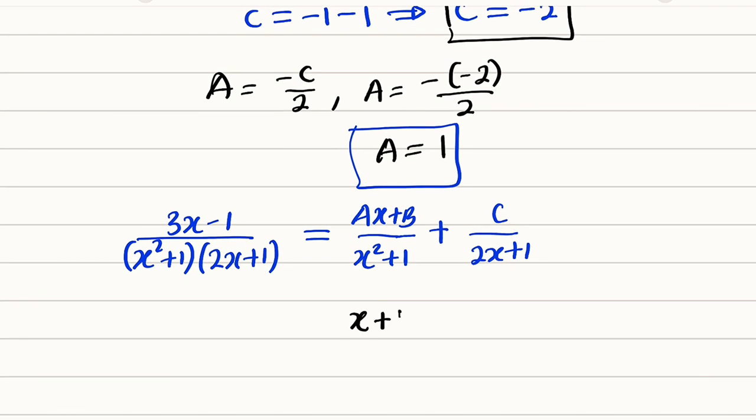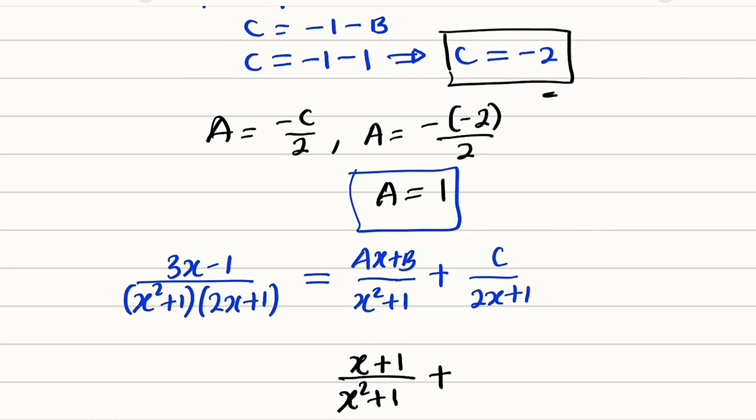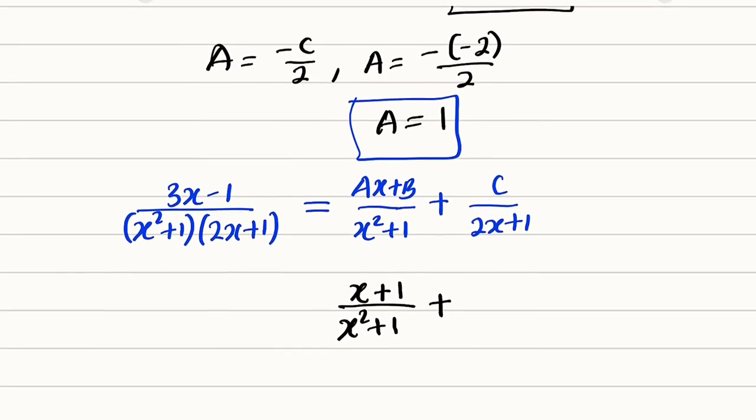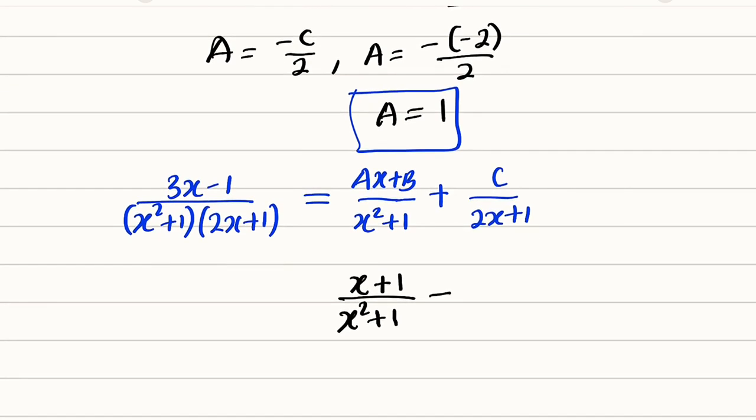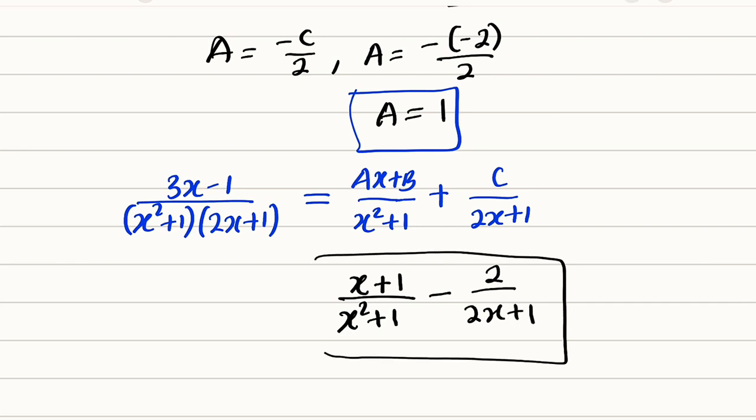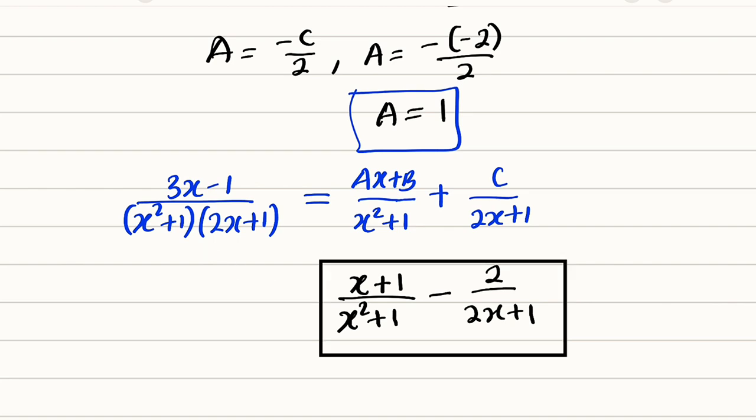So plus 1 divided by x squared plus 1. Then plus c is -2. You can see right here. So this is negative instead of positive. 2 divided by 2x plus 1. And this is the partial fraction of this compound fraction.